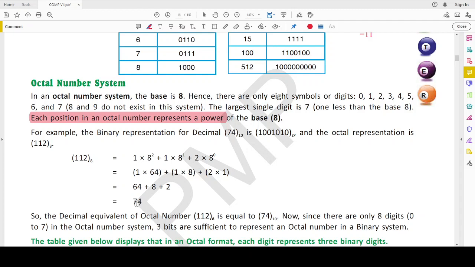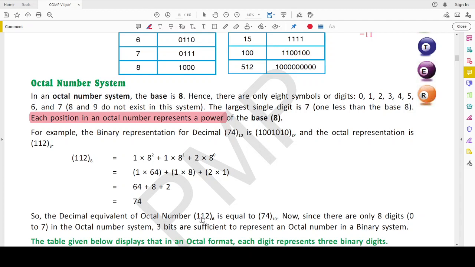So for the decimal equivalent of octal number 112, you cannot read this as one hundred twelve. You have to read it as one-one-two, because this is not 100, this is not 10. It is an octal representation. In decimal representation, you would read the number as one hundred twelve. Right? It is not one hundred twelve in the case of octal representation.